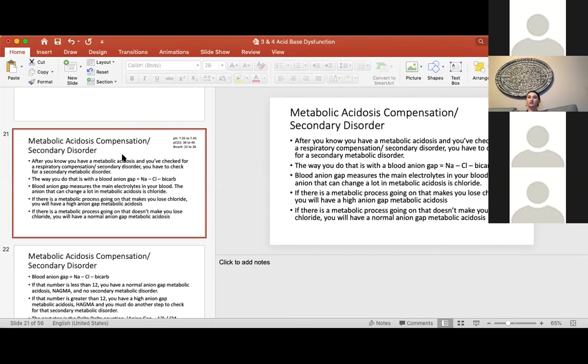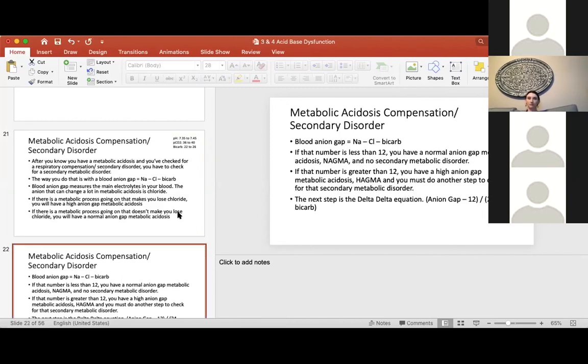It's measuring the main electrolytes and seeing what the change is from our sodium compared to our chloride and bicarb. If you don't lose chloride, you're going to have a normal gap. Okay.